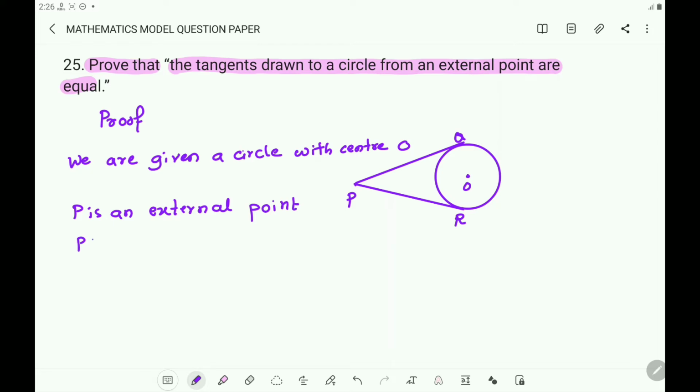PQ and PR are tangents to the circle from P.